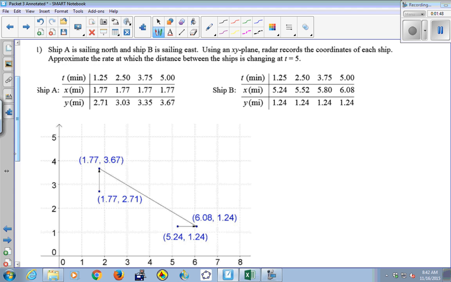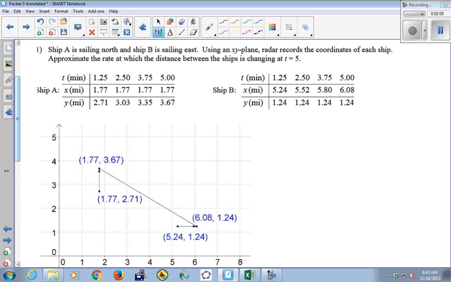Okay, so let's do this example. Ship A is sailing north and ship B is sailing east. Using an XY plane, radar records the coordinates of each ship about every so often. So we've got time and then the X and Y coordinates of each ship.